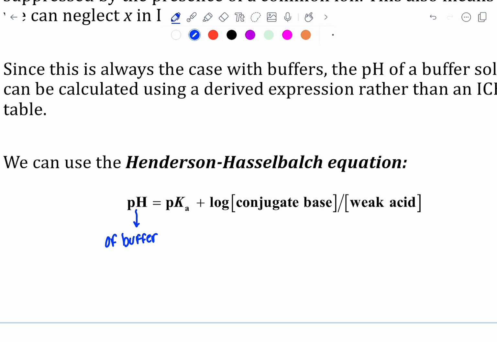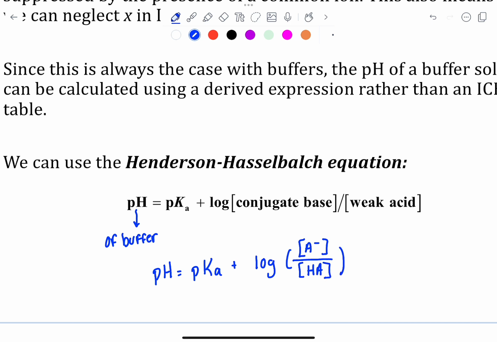Sometimes we also see that written as pH equals pKa plus the log of our conjugate base over our weak acid.